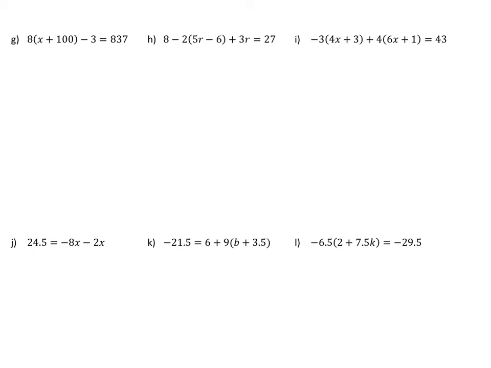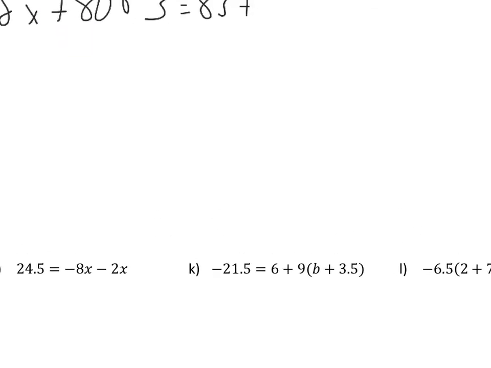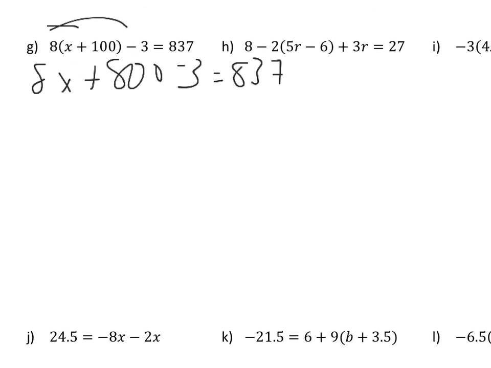On the first one, there's nothing I can do with 837, so I'm going to distribute the 8. I get 8x plus 800 minus 3 equals 837. I'm going to combine like terms, so now 800 minus 3, I get 8x plus 797 equals 837.